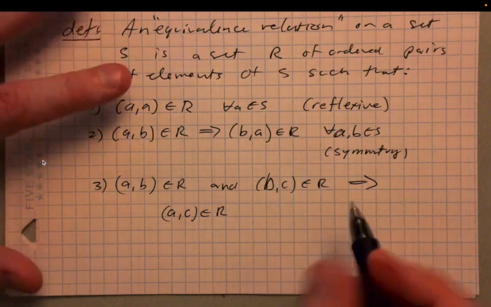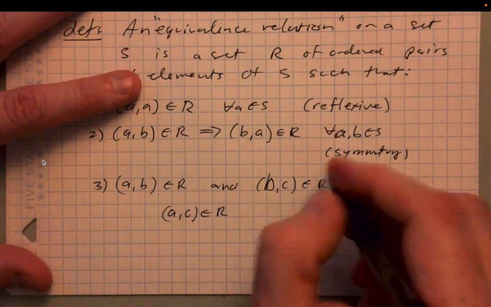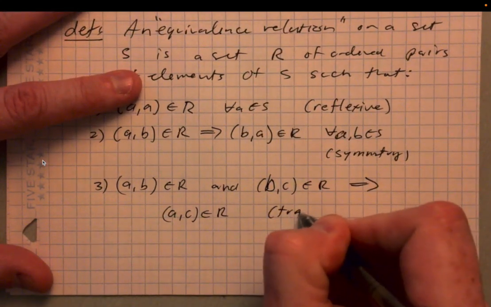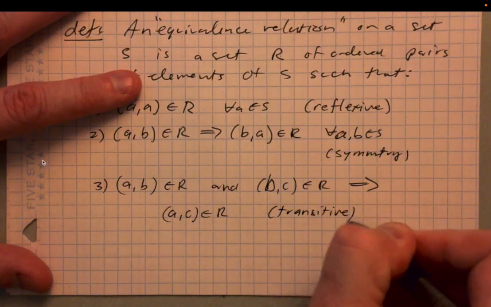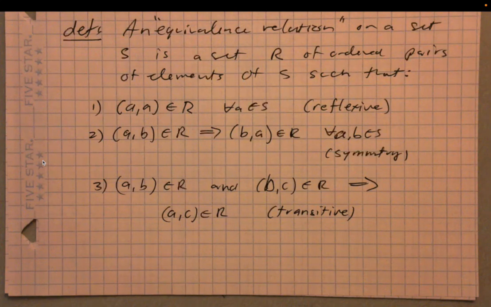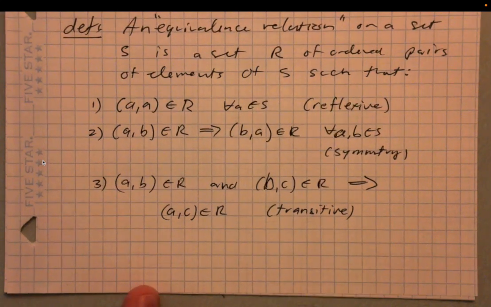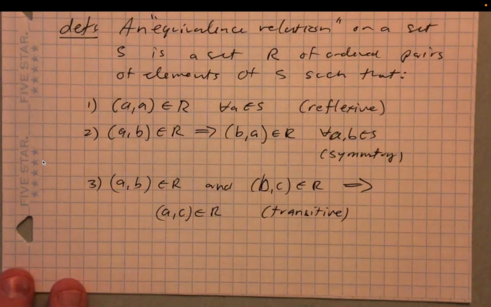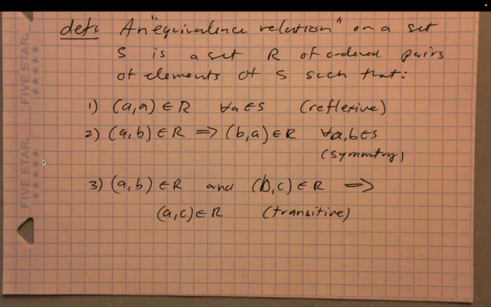And you'll recognize this as transitivity. If a is related to b and b is related to c, then a must be related to c as well. Okay. And so this is, loosely speaking, precisely speaking, the definition of an equivalence relation.